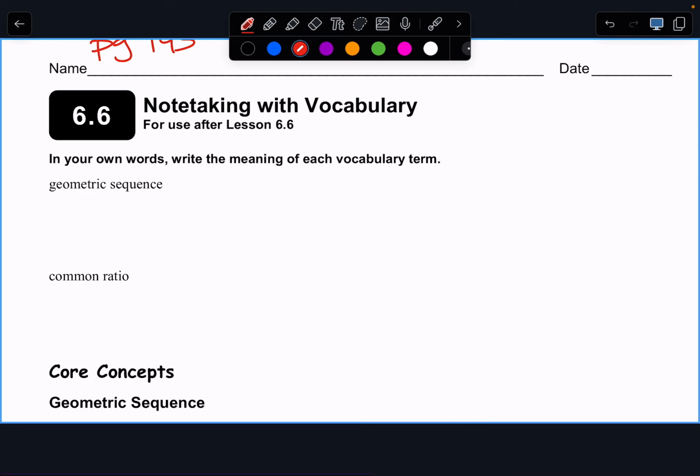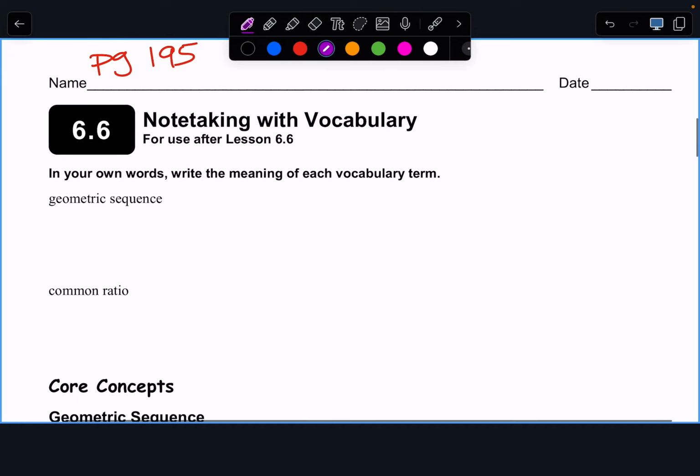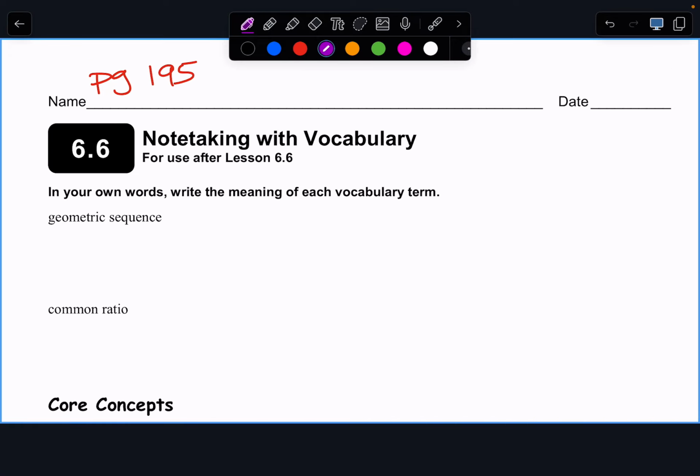All right. So today we are going to talk about a geometric sequence. But before we talk about that, let's just talk about a sequence. A sequence is a list of numbers that follow a pattern.